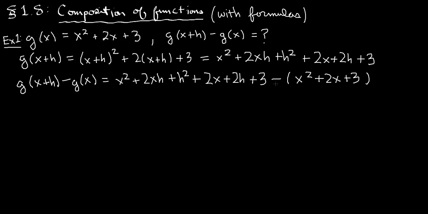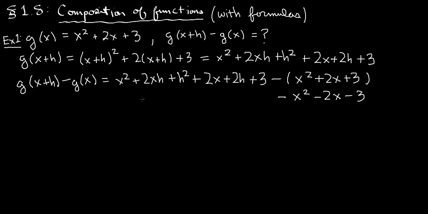Because there's a minus sign out in front, we're going to have to distribute this. We're going to have minus x squared minus 2x minus 3. And so you see, if the parentheses weren't there, that would have been a big mistake. And in fact, this is a common mistake, to not put the parentheses there and just have minus x squared, then plus 2x plus 3. So just be careful with that.